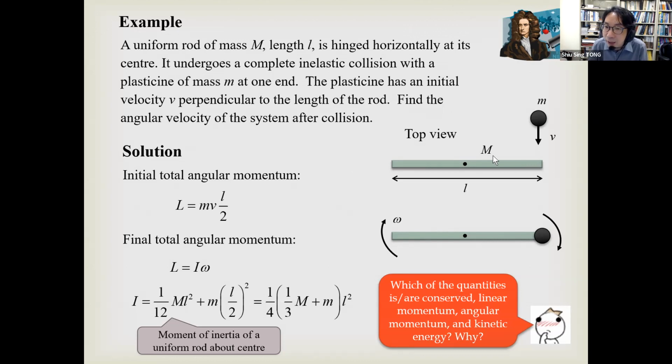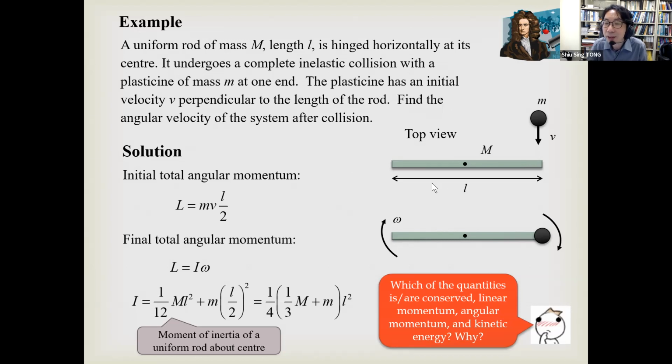If you take angular momentum about any point other than the center, that would be problematic. So in this problem, you can only calculate the torque about the center of the rod, where you can eliminate the torque due to the external force. Otherwise, you cannot make the angular momentum conserved.